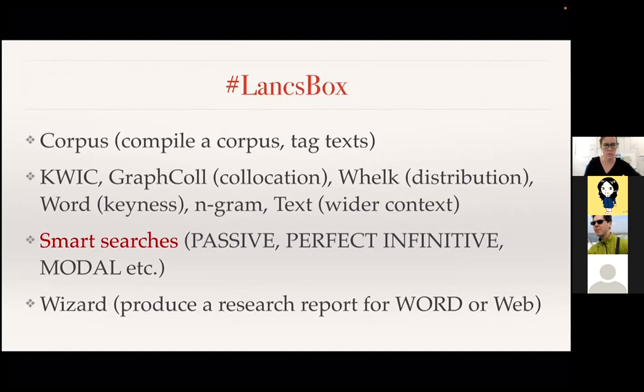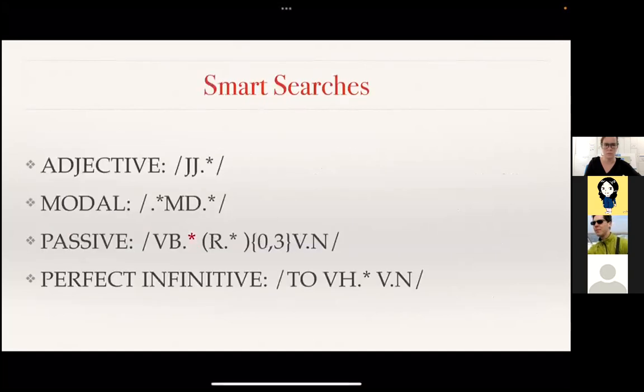And here I want to use the function called smart searches. Smart searches is a very useful function, especially for people who are not familiar with corpus linguistics, because usually if we want to search for a structure, you have to know these part of speech tags.